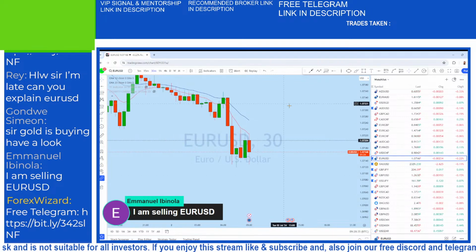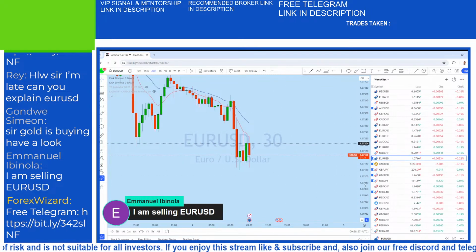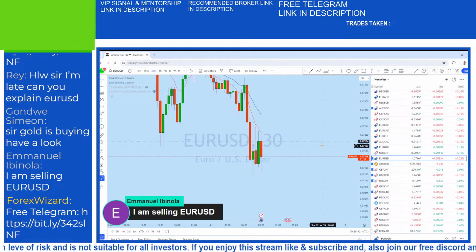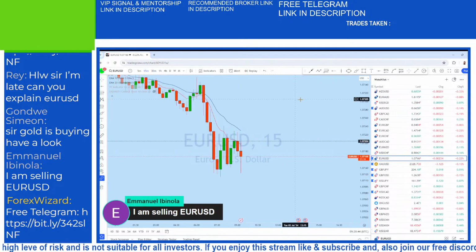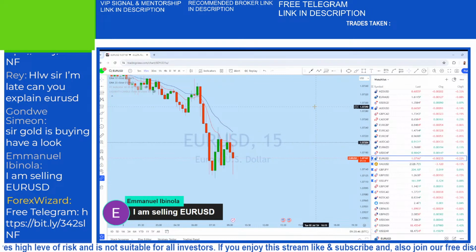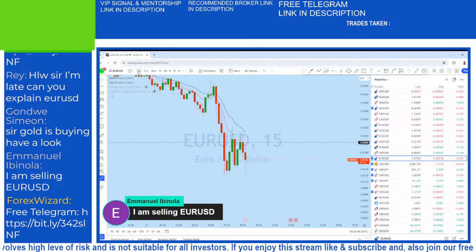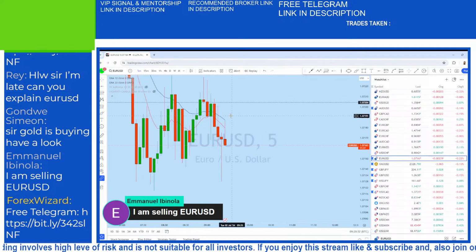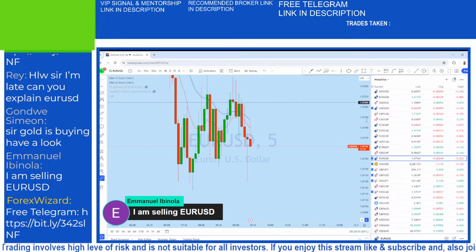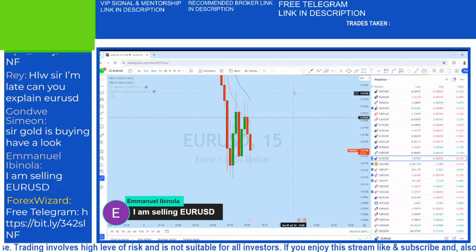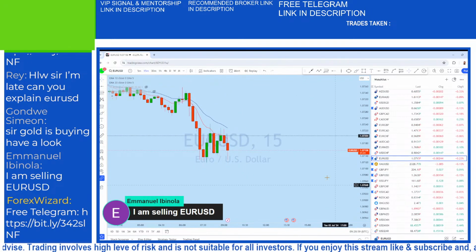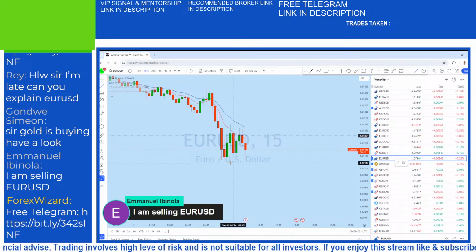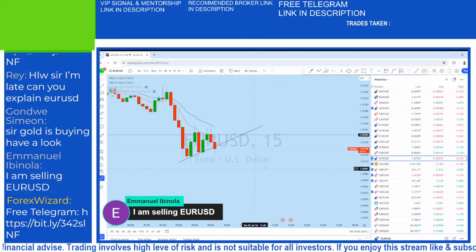Okay, pretty important price action here. We saw that after a liquidity grab on the 5 minutes, it's trying to break below support.